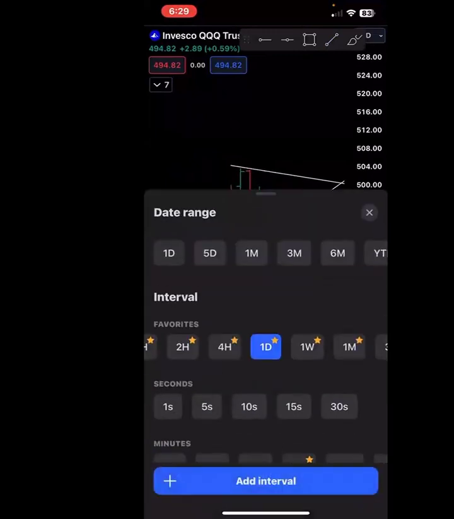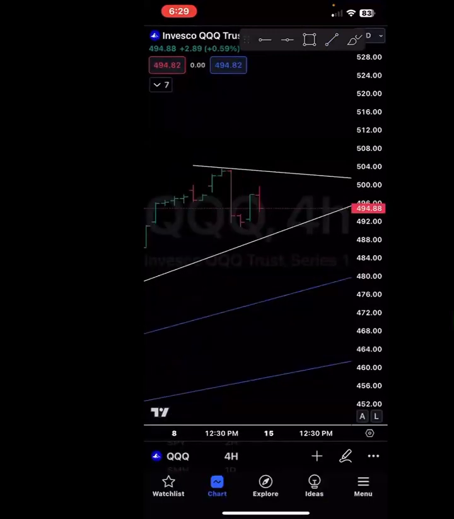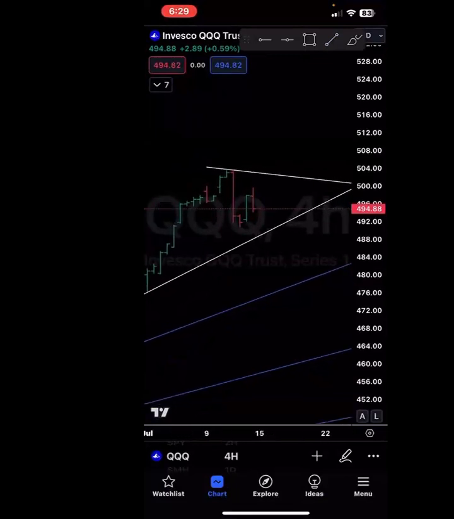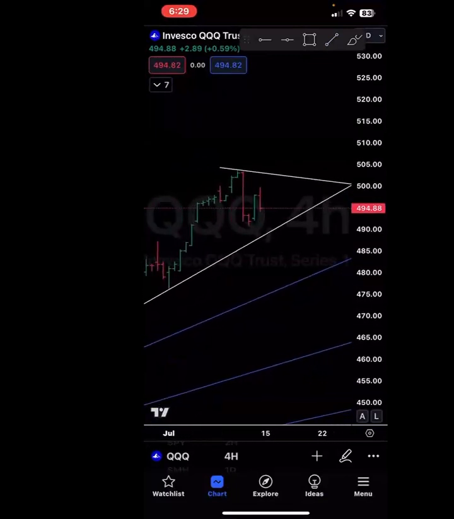So now I'm going to start going into the 4 hour and working my way down through the hours. I don't want to draw too many trend lines after I get out of the daily, like the 4, the 2, and the 1 hour, which are the hours that I use. I'm not going to jump too far into those because I don't want to make too many trend lines inside of the strong ones.